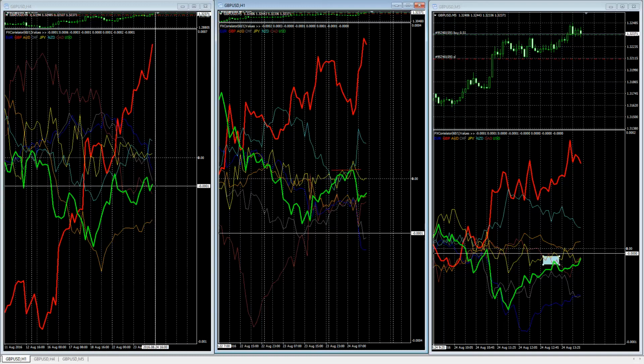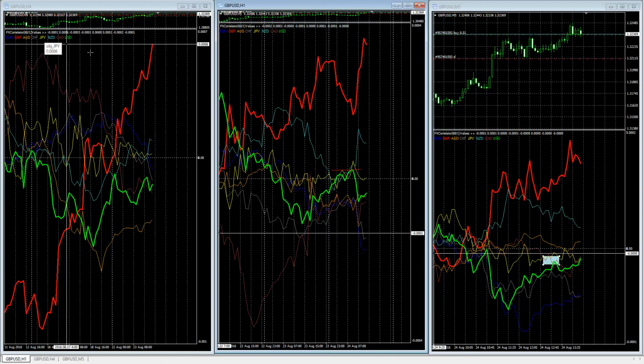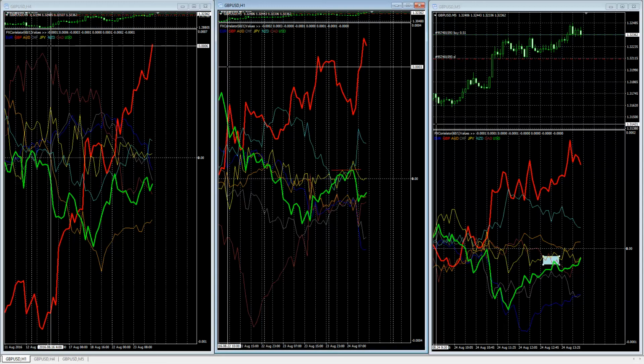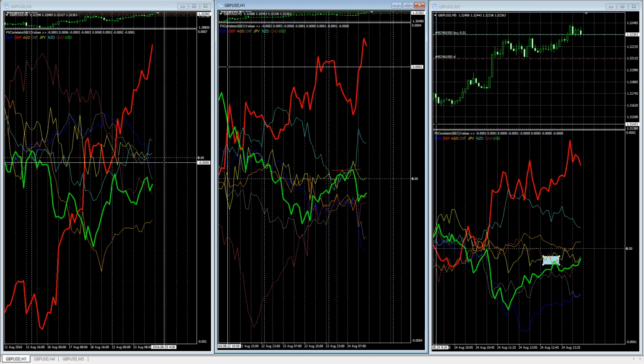Everything below zero basically represents a weak currency. By the way, this is a 60 period average. I use it on all time frames. In the indicator, I use the 60 moving average to watch this index correlation indicator.